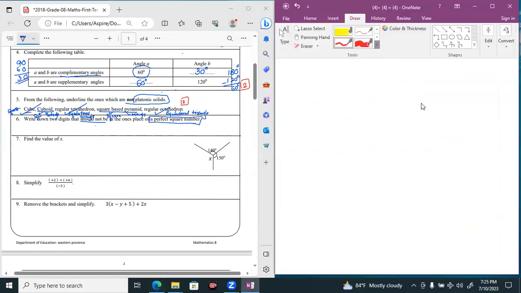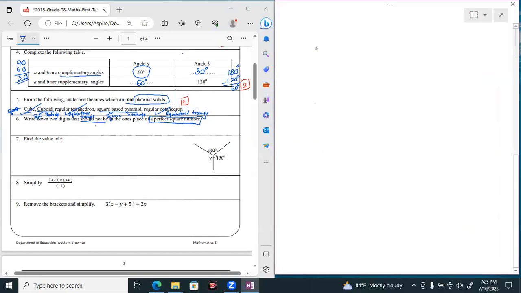The numbers that we obtain by multiplying same number by itself. 1 into 1, 1. That means 1 is a perfect square. 2 into 2, it is 4.